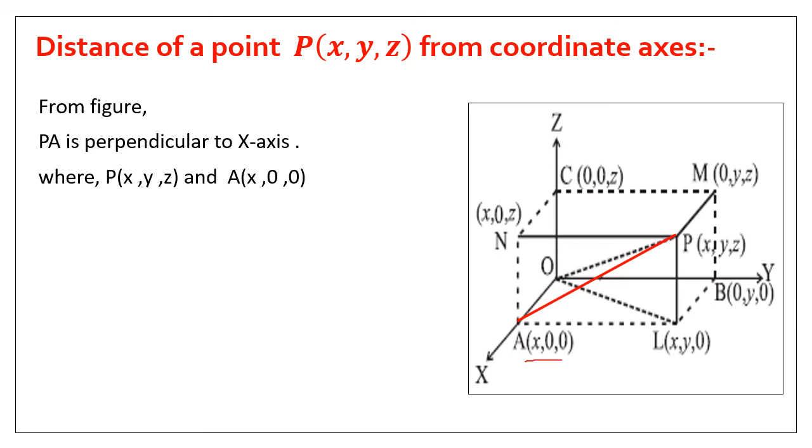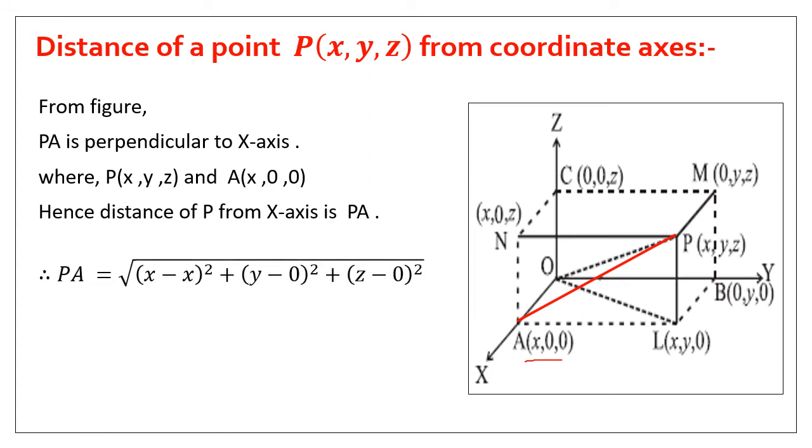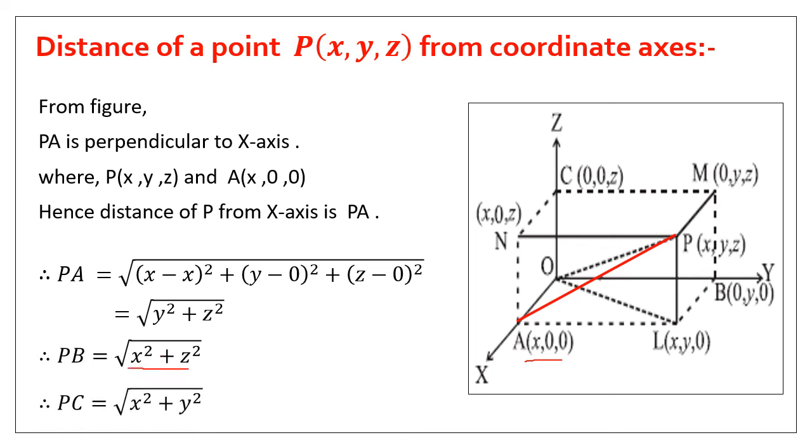Now by using the distance formula, we can find the PA distance, which is under root of (x minus x) square plus (y minus 0) square plus (z minus 0) square, equals under root y square plus z square. Similarly, distance PB equals under root x square plus z square. Also, the PC distance is under root x square plus y square.